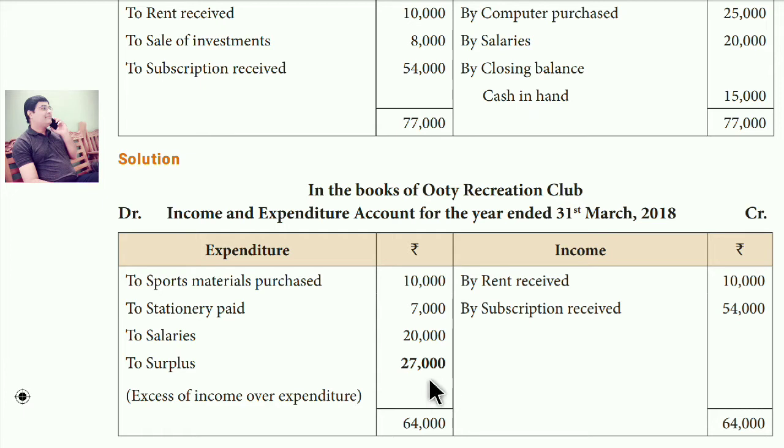This 27,000 is known as surplus. Surplus means profit. Understand? 64,000 minus all these three amounts, you will get 27,000. That is known as surplus. You have to write in bracket excess of income over expenditure. Understand?